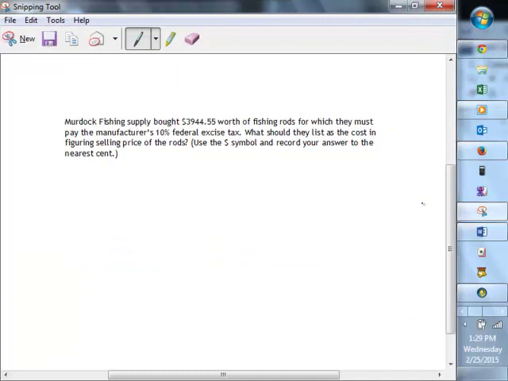All right, Murdoch Fishing Supplies bought $3,944.55 worth of fishing rods, but they have to pay a 10% federal excise tax. Let's start that over again.